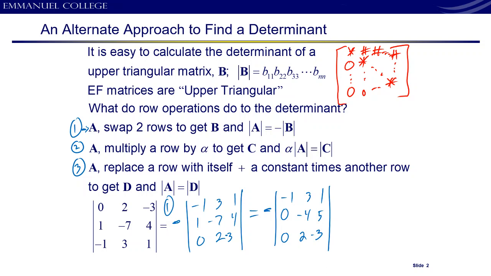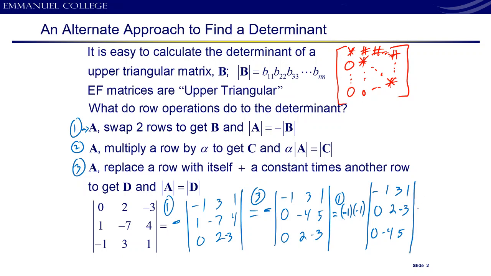Now, I could either divide the row, or because I want to make this a little bit easier, I'm going to apply, so this was applying 3, I'm going to apply 1 again. So this will be -1 and a -1 to get me -1, 3, 1, and then 0, 2, -3, and 0, -4, 5.